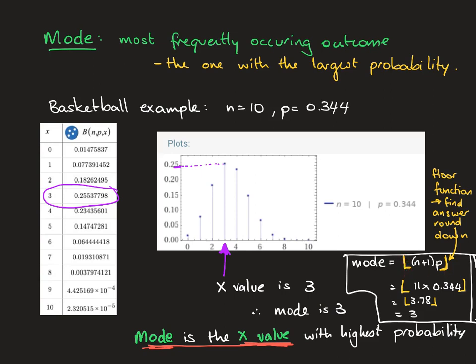And these yellow little L's, backwards and forwards L's, represent what we call a floor function, which means basically work out what's inside and then round the answer down at the end to the nearest whole number. So we've got n and p, so our n is 10, so 10 plus 1 is 11, multiply that by your probability, you'll get 3.78, and then the floor function says round that down to the nearest whole number, the answer is 3. So you can use this function to find the mode with simply just n and p.